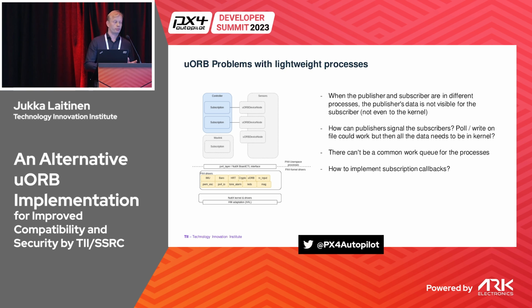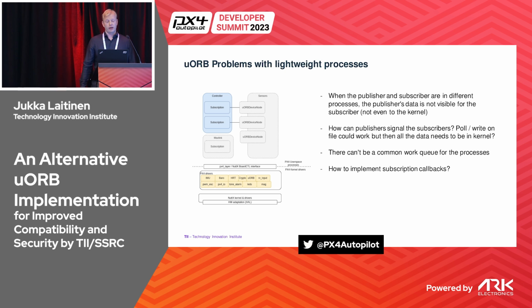Now, when the controller process gets scheduled into execution, the memory mappings change, and nothing which was in the sensors process's memory is visible to anybody. Not even if the controller process would go through the kernel, because it's not visible to the kernel either. It's the basic MMU mapping of the processes. And also the other way around.